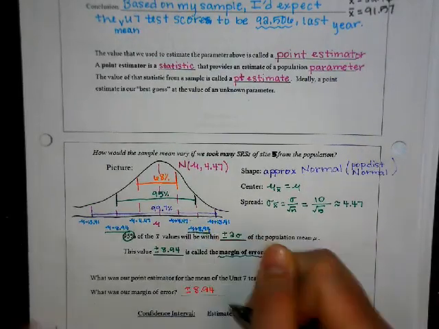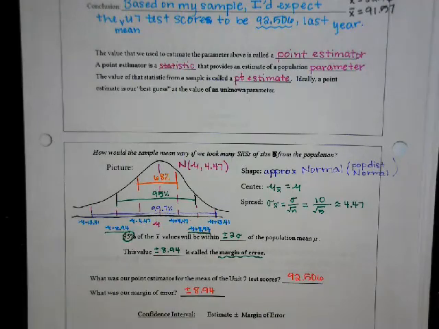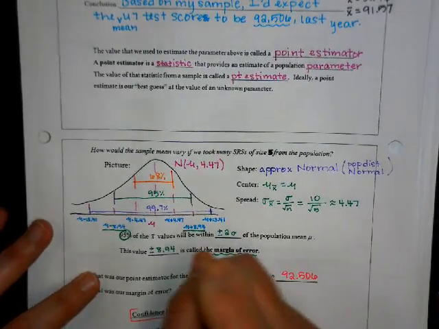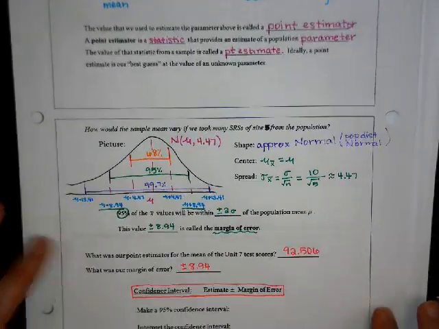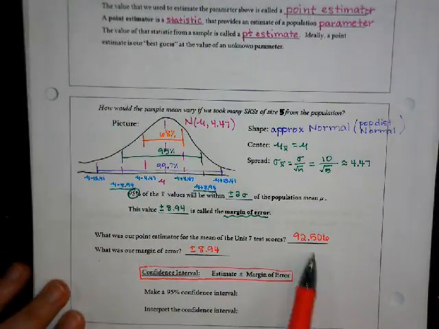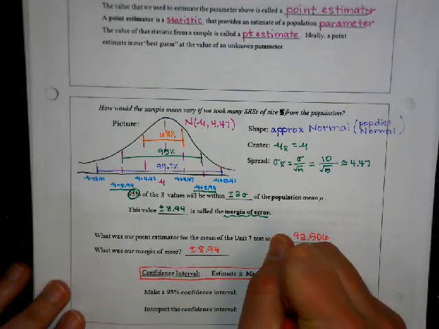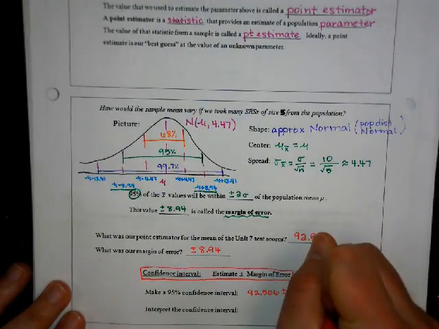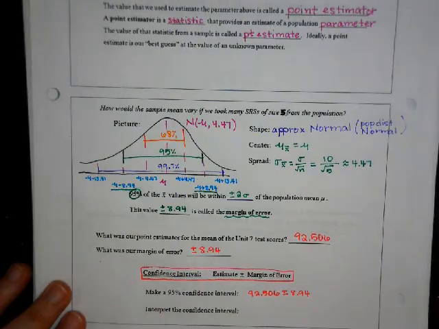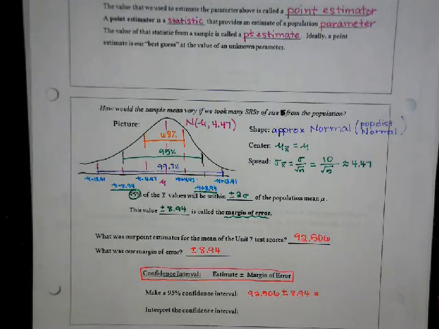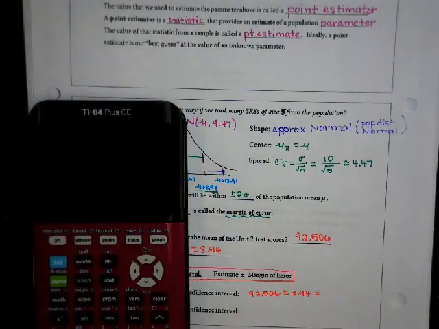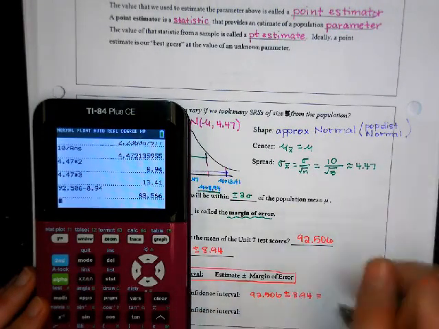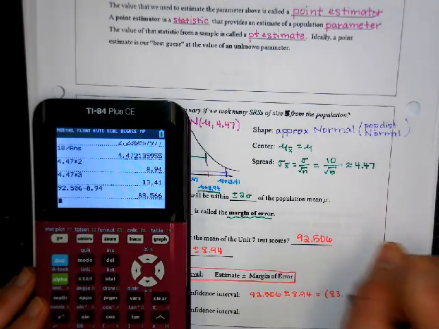The very general formula for finding a confidence interval is your estimate plus or minus your margin of error. So we're going to make a 95% confidence interval. My estimate is 92.506. I'm going to add and subtract 8.94 to that number. When we write our confidence interval, we write the smaller number first, then the bigger one, just like an ordered pair, in parentheses with a comma in between.